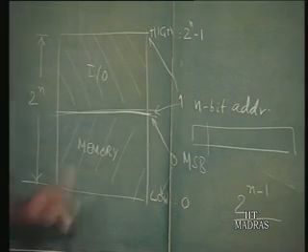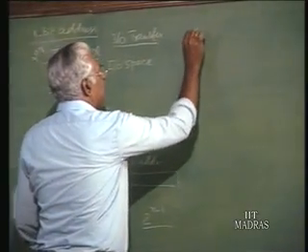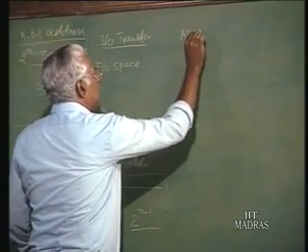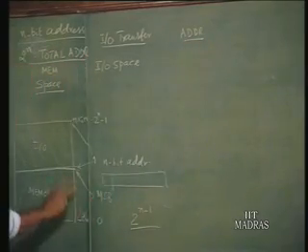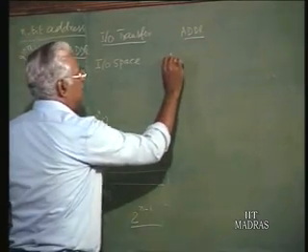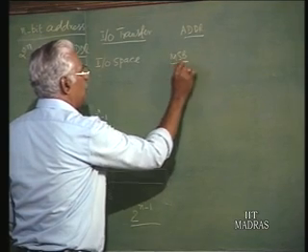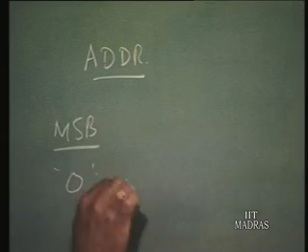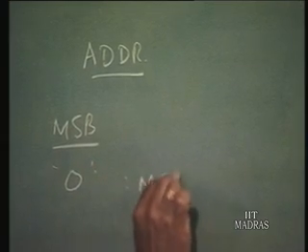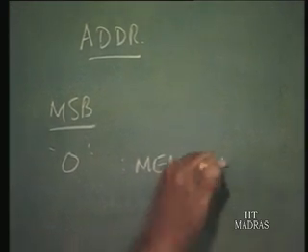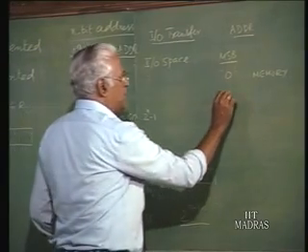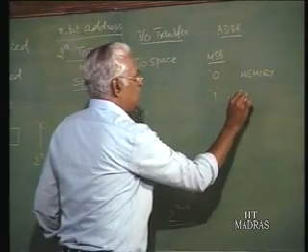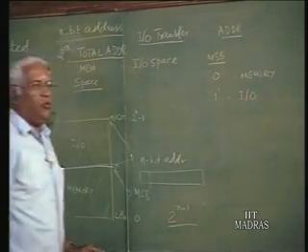It means all the addresses starting with MSB 0, most significant bit, if it is 0, it means it is a memory address, and all those addresses starting with MSB 1, that means it is an I/O address.